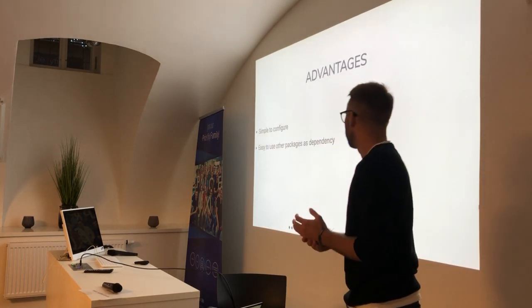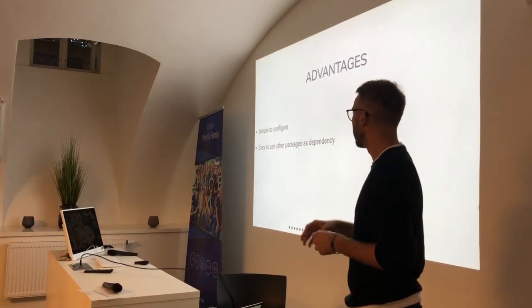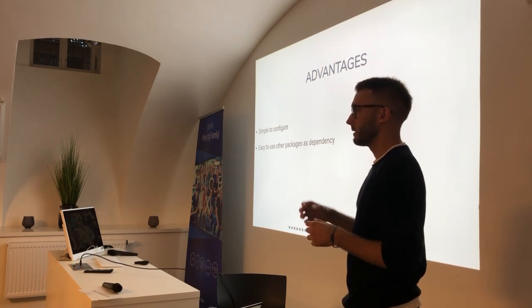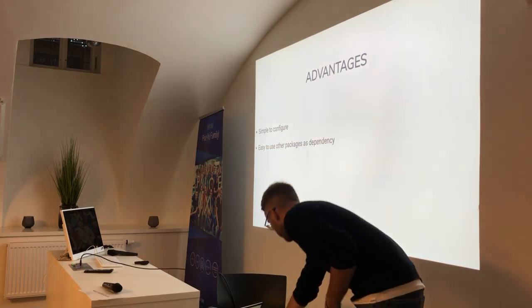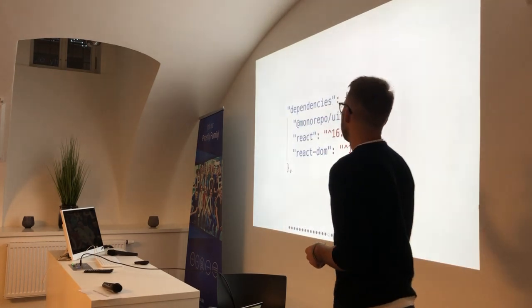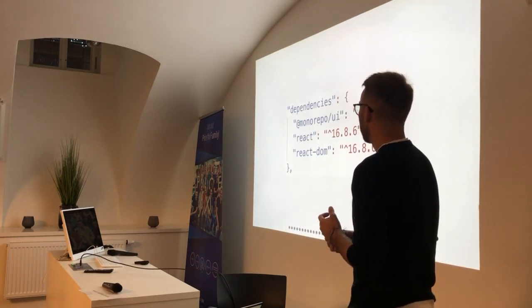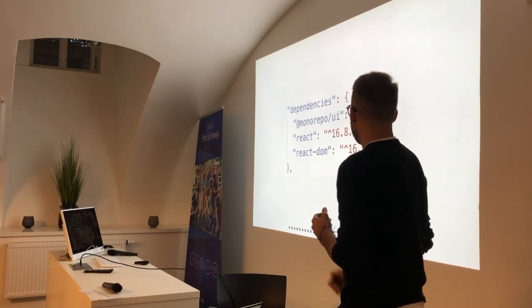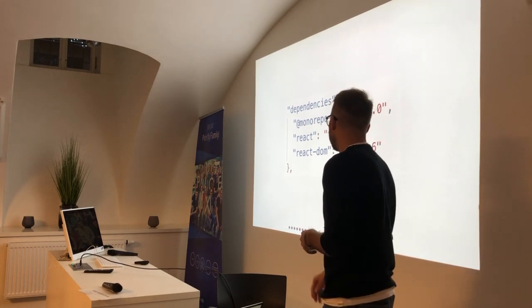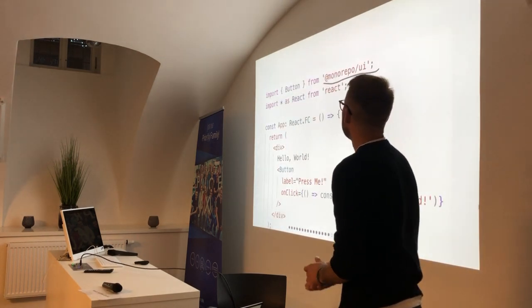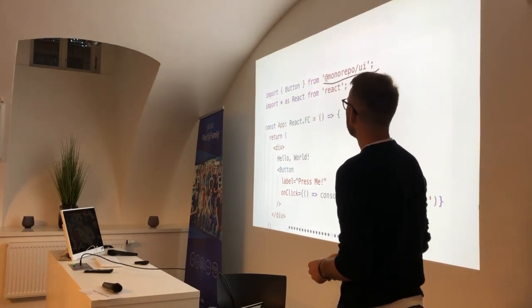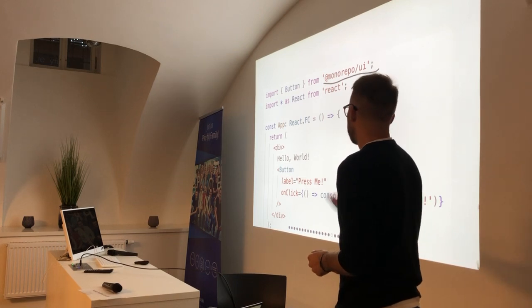So that makes it very easy for other packages in the same workspace to use each other as dependencies. It's as simple as this. You simply add it as a dependency in the package.json. And if you run yarn install, you'll be able to do this right away. You can just import whatever from the UI, and it's running.